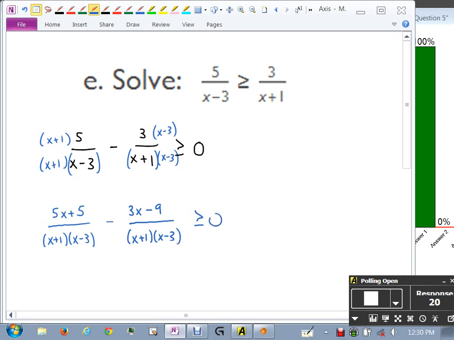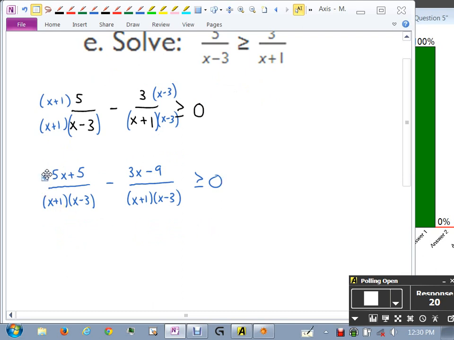All of this has to be greater than or equal to 0. Combine these together now. Be careful with that negative sign. Goes through. So 5x plus 5 minus 3x plus 9, right?